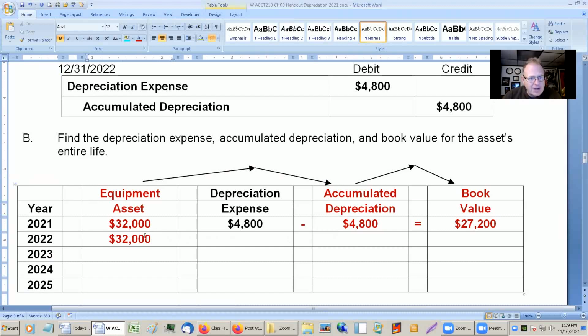We're going to leave the account as it is, the 32,000. Why? Someone looking at these books will be able to know approximately how much this machine costs, what it would cost to replace, and about how old it is. So we keep this on exactly at what we paid for it. Depreciation expense is going to be the same every single year.